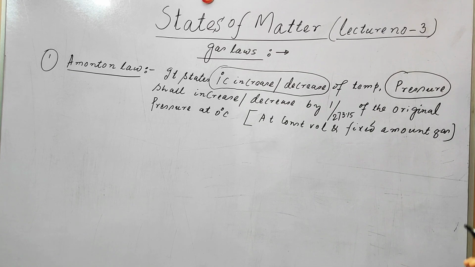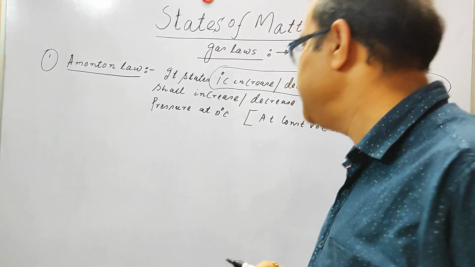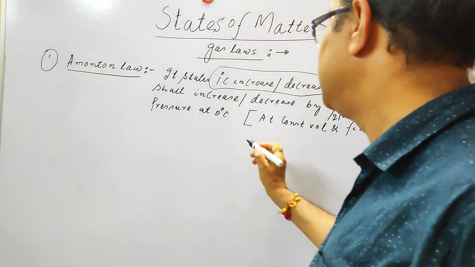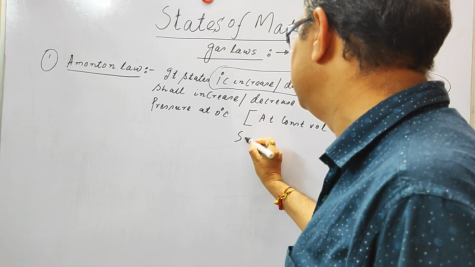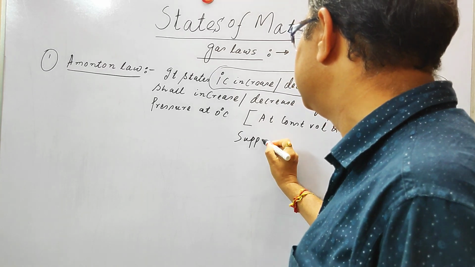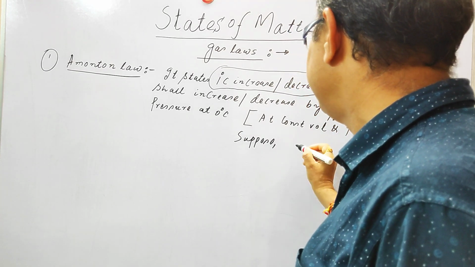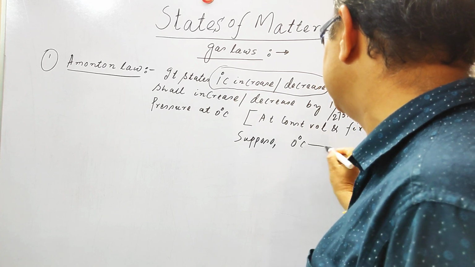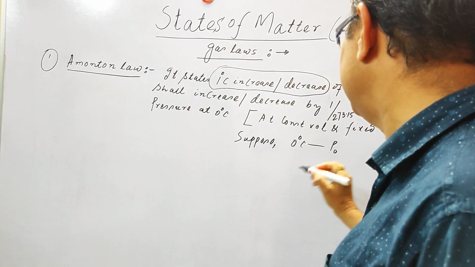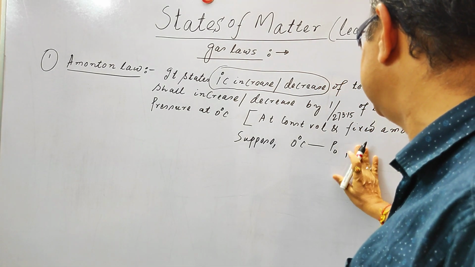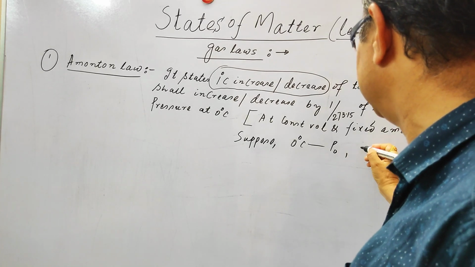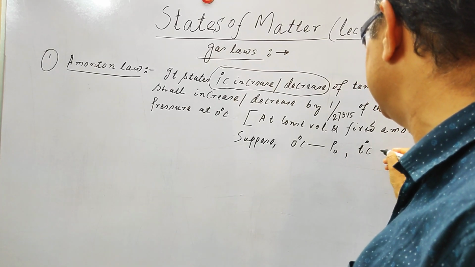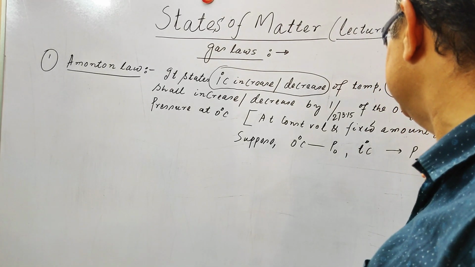And mathematically we can express Amonton's law this way. Suppose at 0 degree Celsius the pressure is P0, and at T degree Celsius the pressure is Pt.